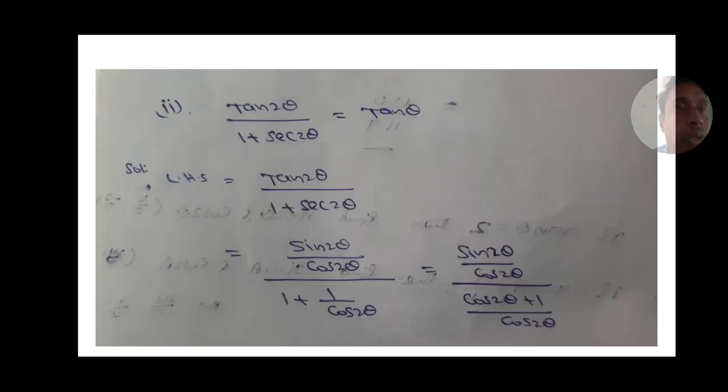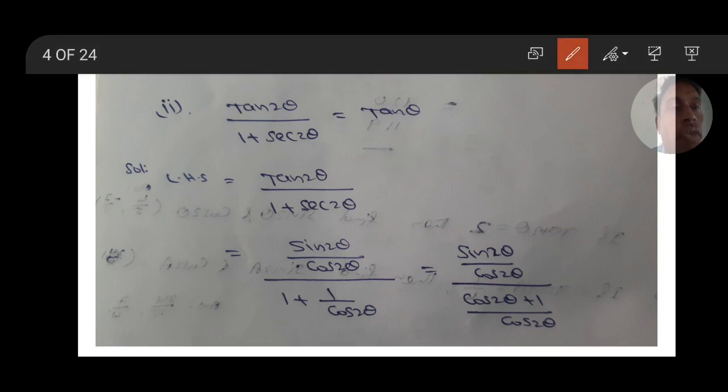Next problem: tan 2 theta by 1 plus sec 2 theta equal to tan theta, prove. LHS is tan 2 theta by 1 plus sec 2 theta. Tan 2 theta can be written as sin 2 theta by cos 2 theta, and sec 2 theta equals 1 by cos 2 theta, so 1 plus 1 by cos 2 theta.